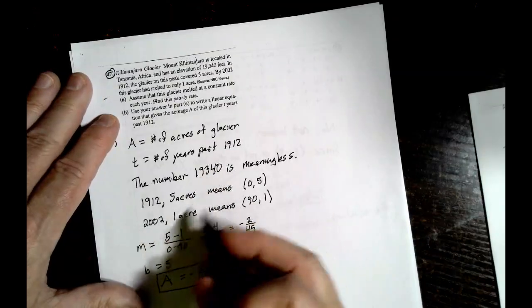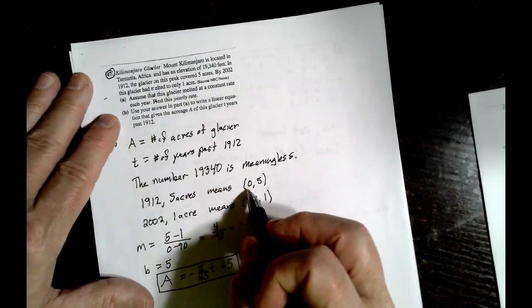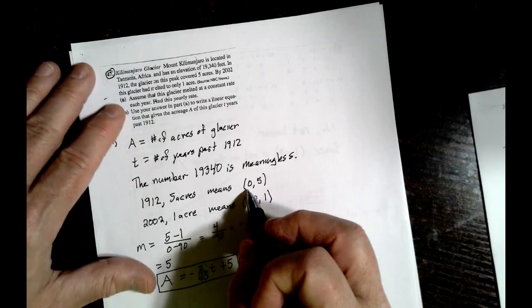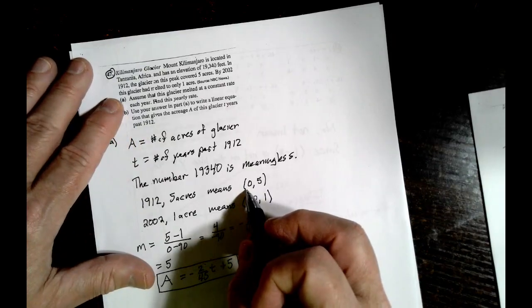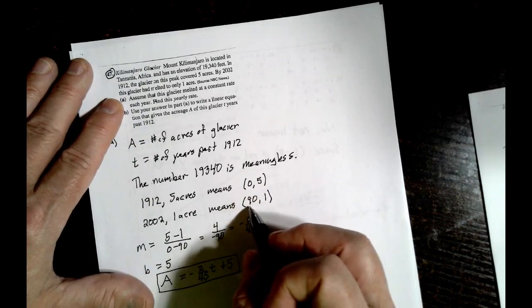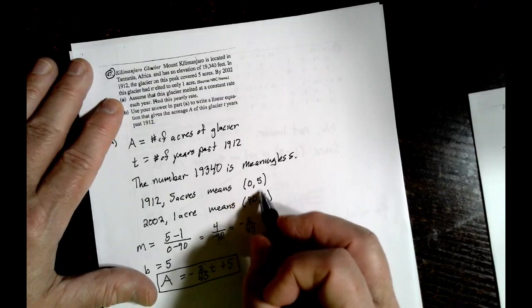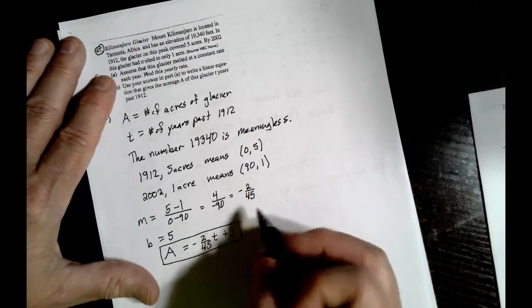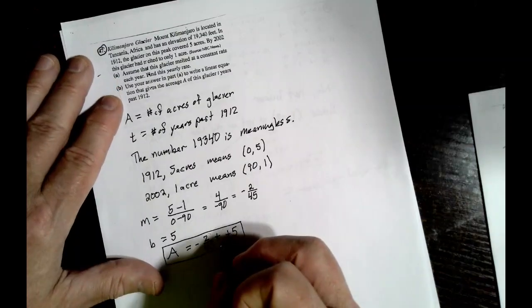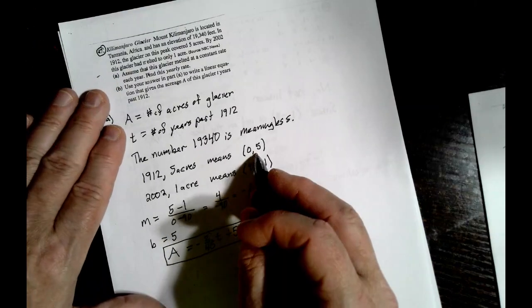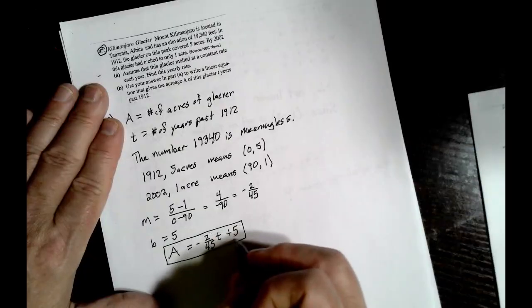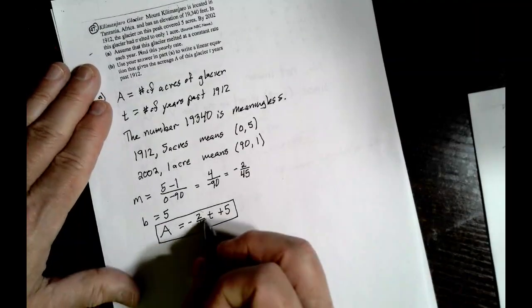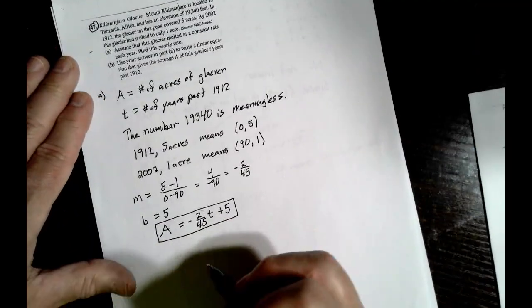So if you let year 1912 be year 0, year 2002 is 90 years later. So 0, 5, and 90, 1, and you do the slope there, and you get negative 2 over 45. And you know that you start at 5, so your initial y-intercept is 5. So minus 2/45 t plus 5.